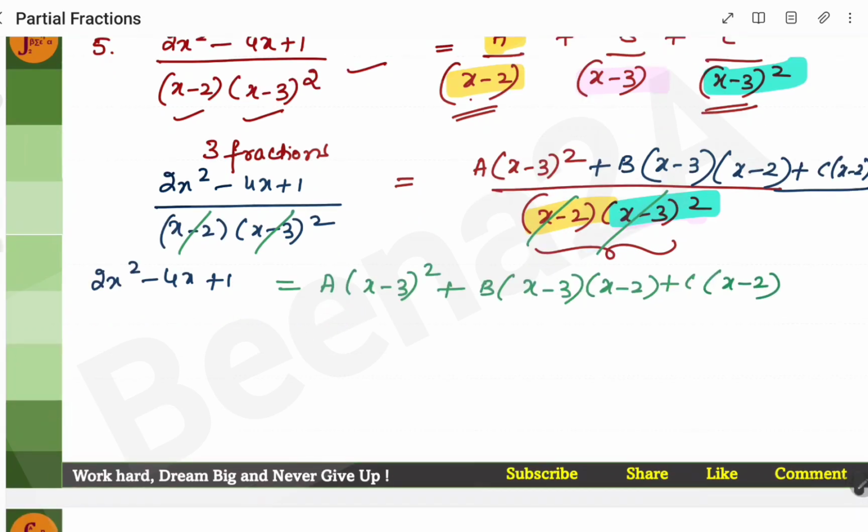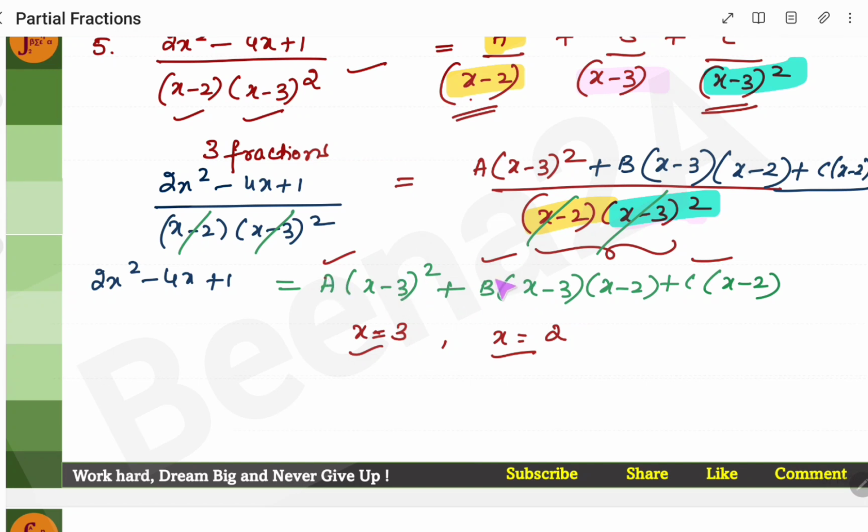Now we'll have to take the values of x, right? Now it's minus 3, we'll take plus 3. Here it's minus 2, we'll take plus 2, right? Again, we need to find the value of A, B and C. We have only 2 values of x. With 2 values of x, you'll only get 2 values.